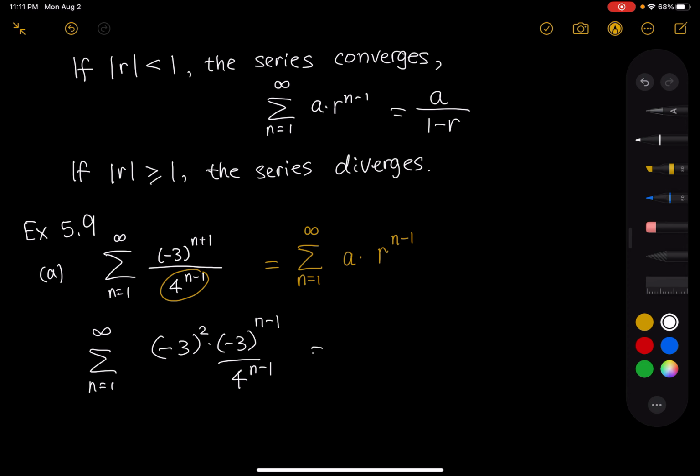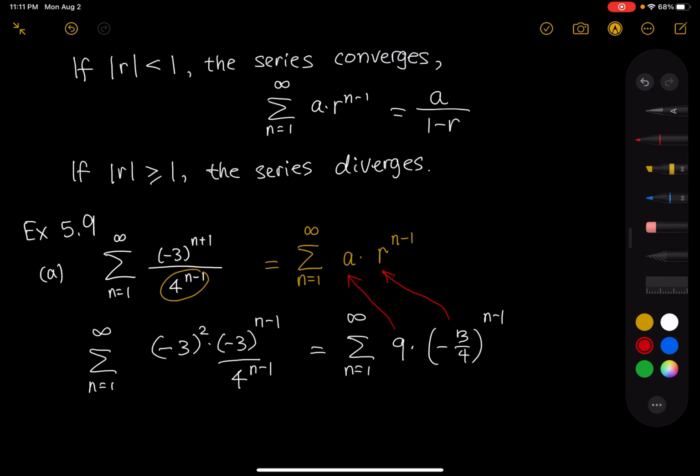So that series you can rewrite as 9 times negative 3 over 4 to the n minus 1 power. Then we can see that a is 9. There's a typo in the textbook. And r is negative 3 over 4.